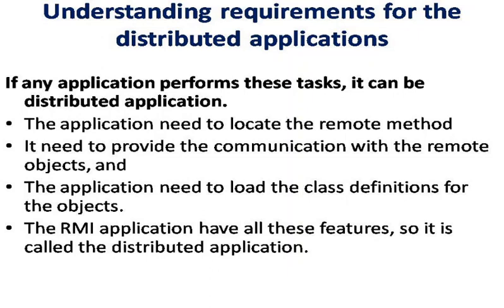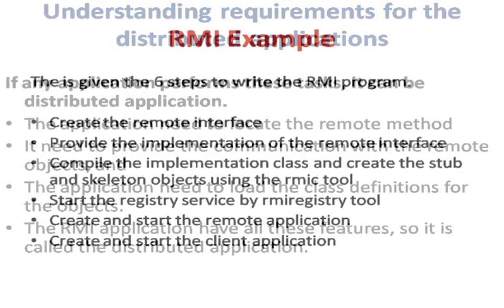The method will be present in a remote location, and the client can be anywhere in the world. We have to load the classes needed for these objects, that is stub and skeleton, and that makes the distributed application.